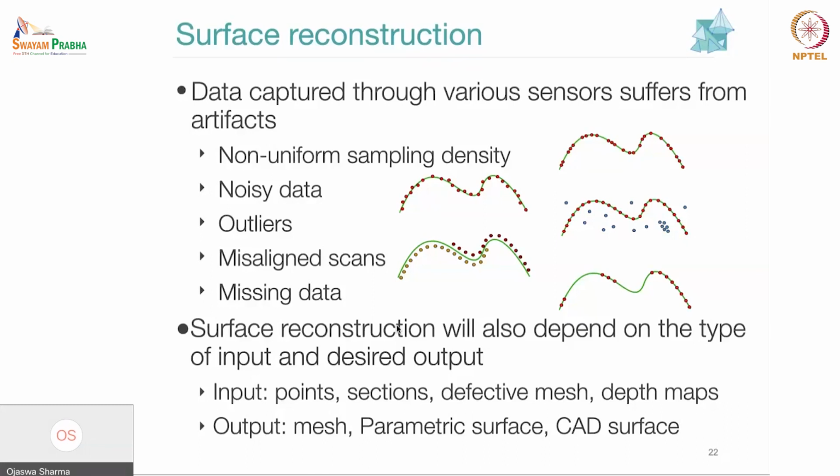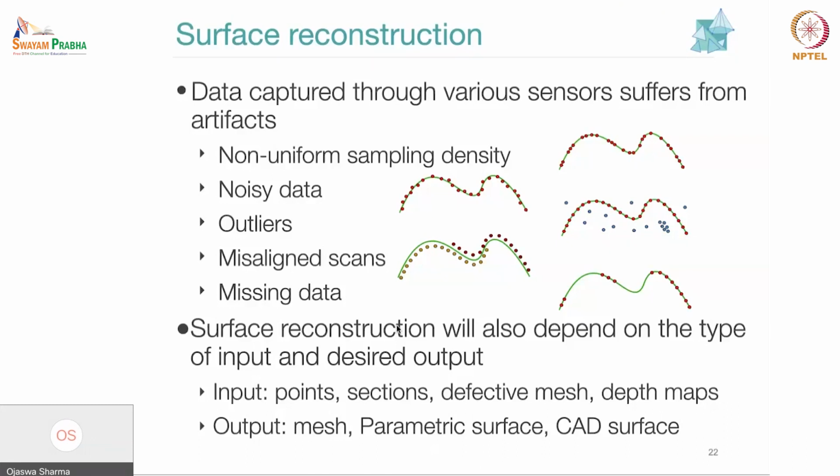Add to it that there could be noise in the data set. The points may not exactly lie on the surface because these sensors have their own limits. Some of the sensors will not work great in low lighting conditions, right? They may be more accurate at some points and less accurate at other points.